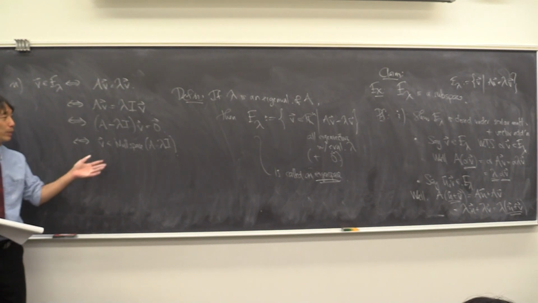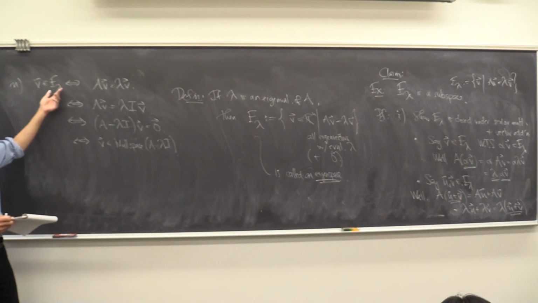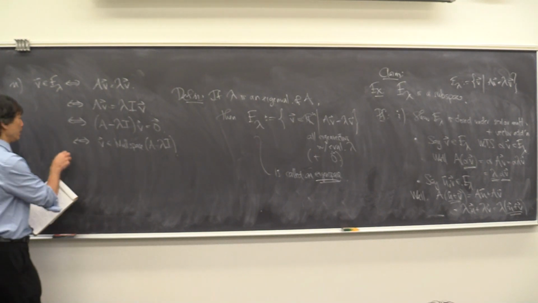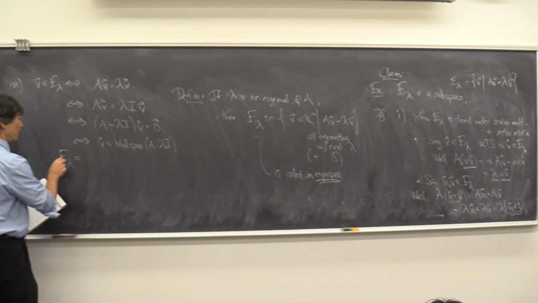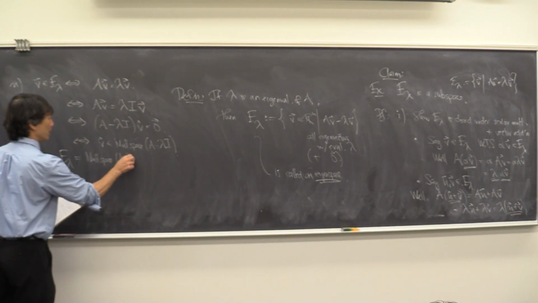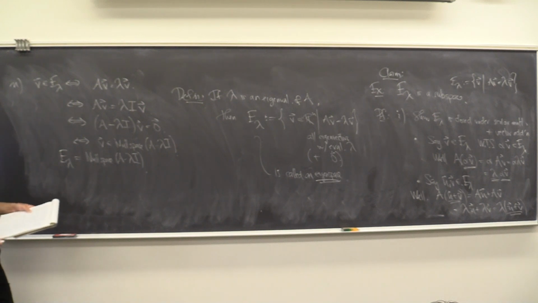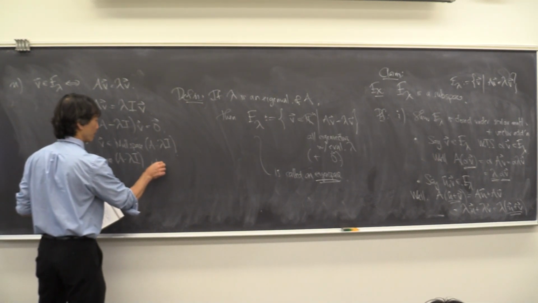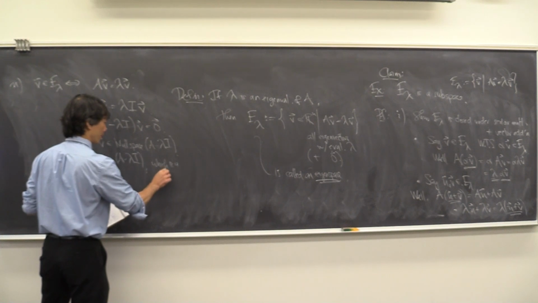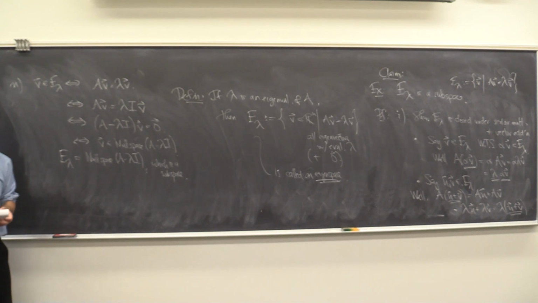So being in here, what you see is that the eigenspace is simply the null space of A minus lambda I, which is a subspace. Okay. Any questions?